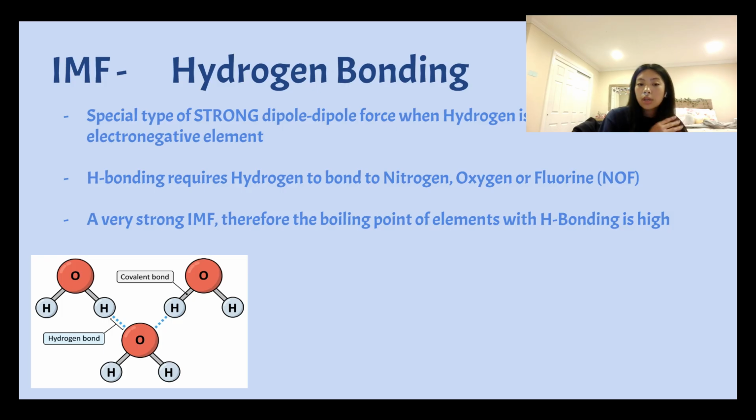So stronger IMFs need more heat in order to be overcome. And that's why we say that the stronger the IMF, the higher the boiling point. So let's look at this. This is our hydrogen bonds, and it occurs between a partial positive end and a partial negative end.